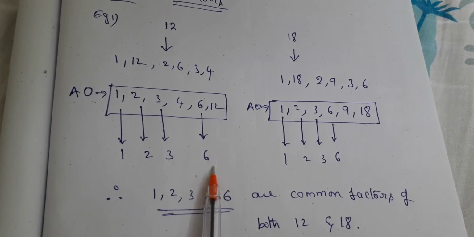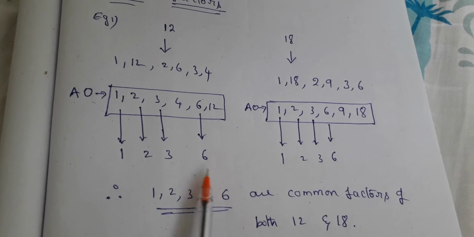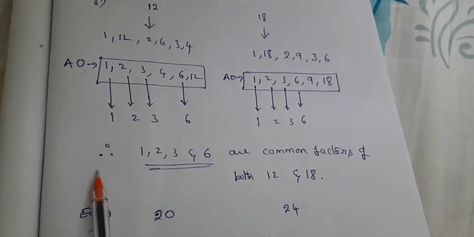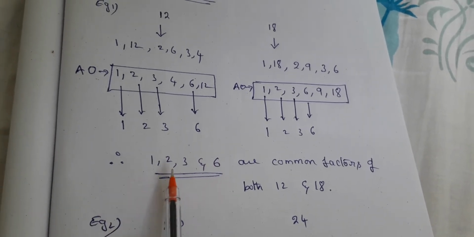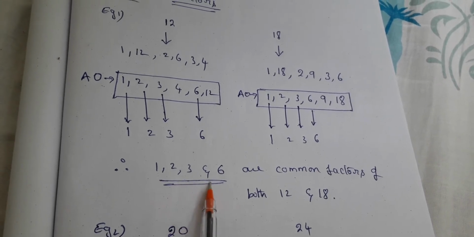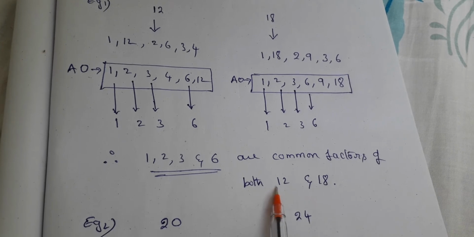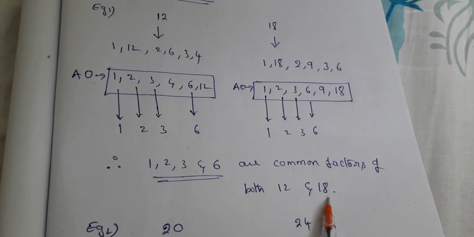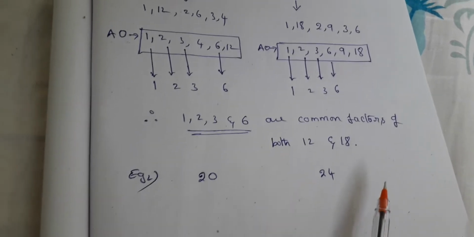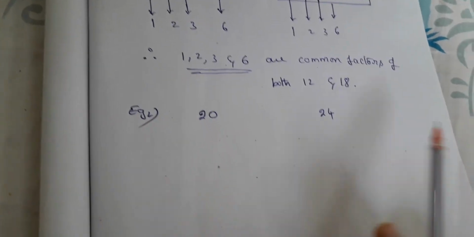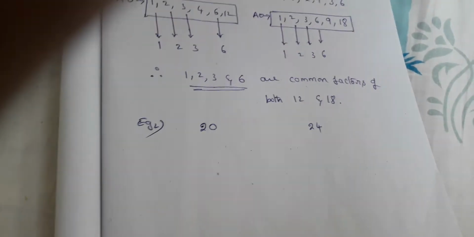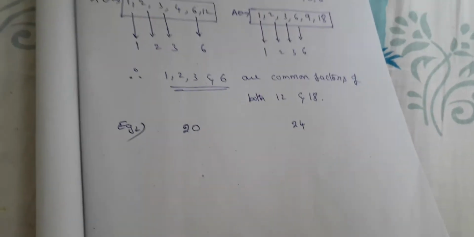So these are common factors. Hence we write: therefore 1, 2, 3 and 6 are common factors of both 12 and 18. Which numbers have we taken? 12 and 18. Now let us see another example, writing common factors for some other two numbers.